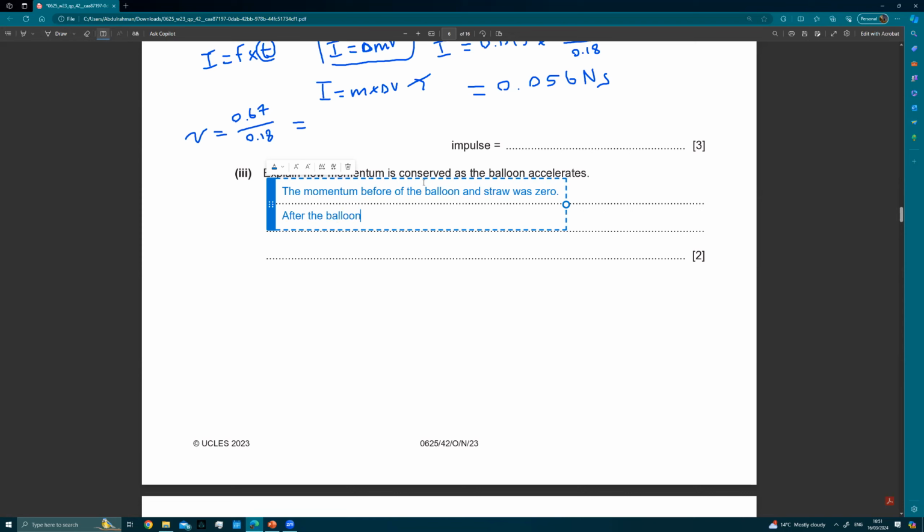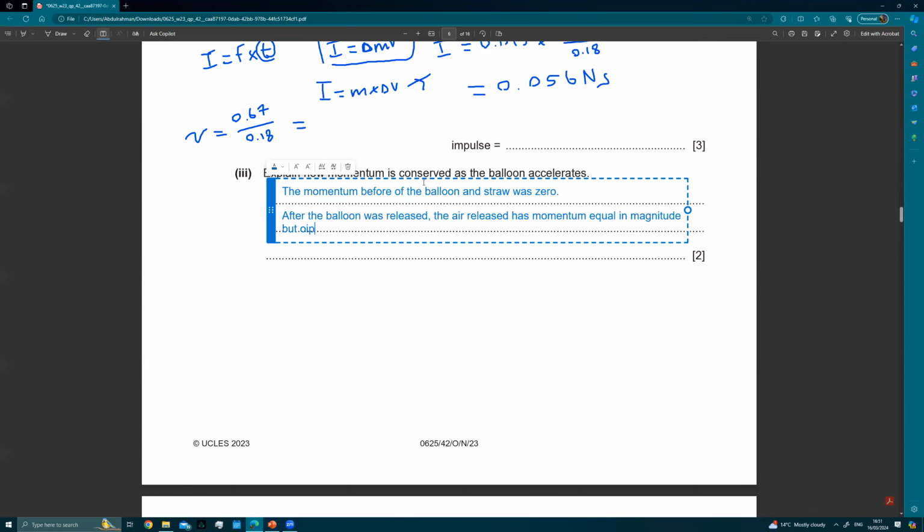After the balloon was released, the air released has momentum equal in magnitude but opposite in direction to the momentum of the balloon and straw.